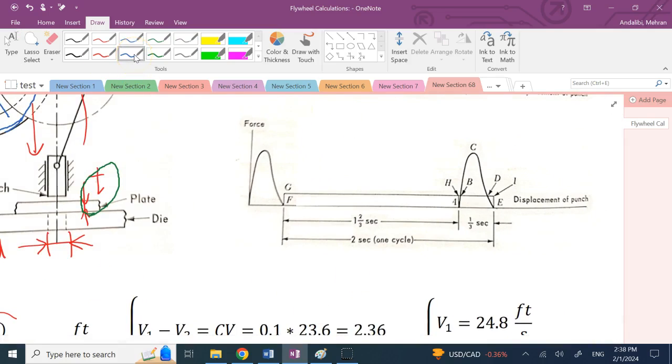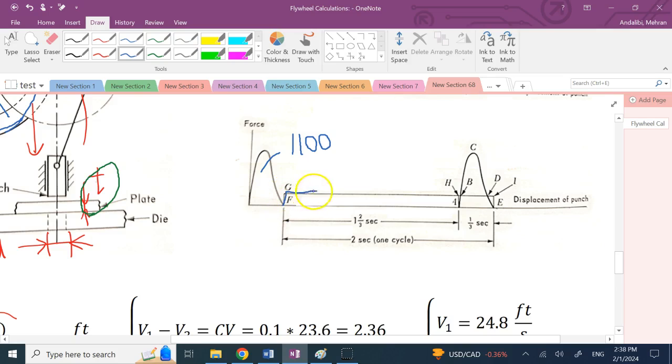So, remember, at the end of the day, the flywheel is a passive element. It does not generate energy of its own. So all of the energy that you really need, all of that 1100, at the end of the day has to come from the motor. But the motor does not generate such peak energy like that.